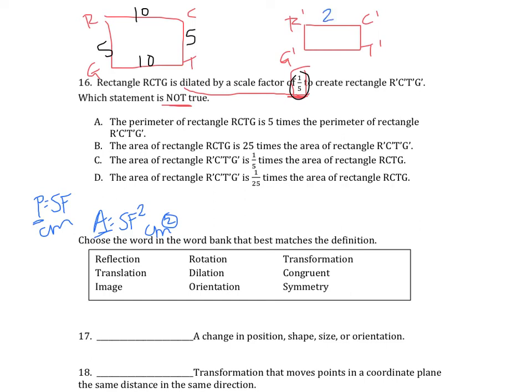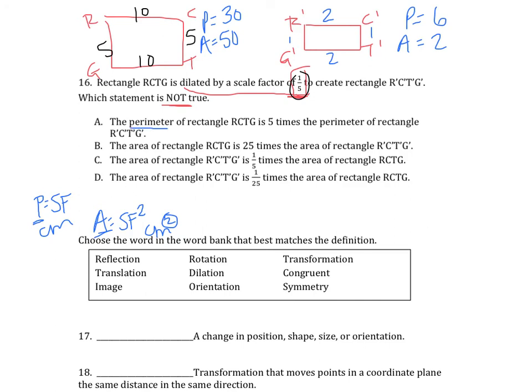So this would be 2, 1, 2, and 1. The perimeter of this original shape would be 30, and the area would be 50. The perimeter of my new shape would be 6, and my area would be 2. So now I can use those as an example of what's happening.